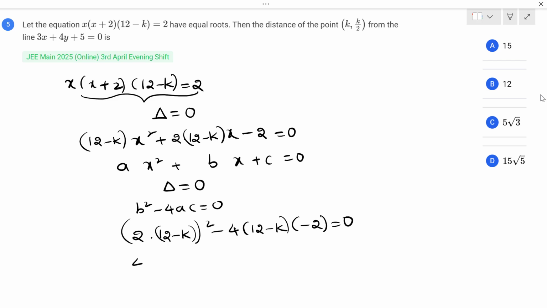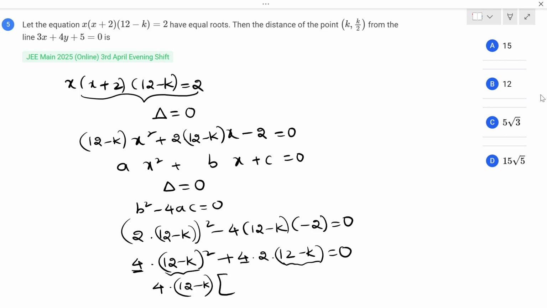So 2 square is 4. 4 into 12 minus k whole square plus 4 into 2, 4 into 2 into 12 minus k is equal to 0. I can clearly see that I can take 4 common and also 12 minus k common. So that is 4 into 12 minus k. If I take that common, what is left is 12 minus k plus 2 is left, that's it, is equal to 0.